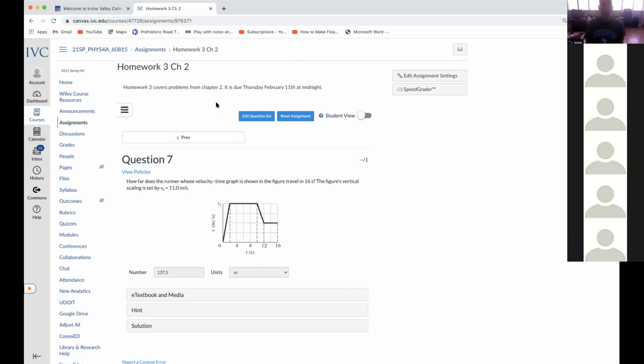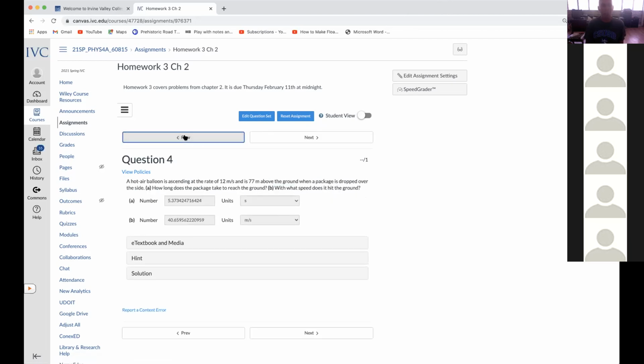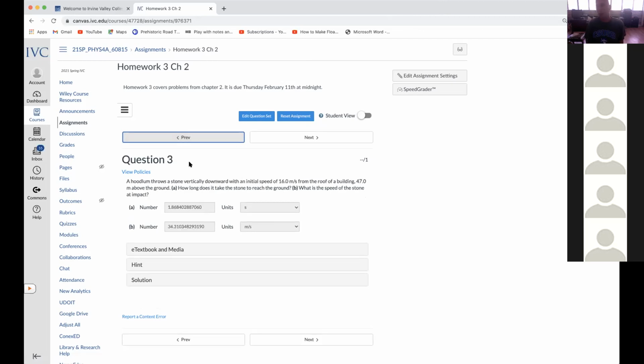And that's it. You don't have to turn this stuff in to me, but I really suggest when you're doing these problems, particularly the hot air balloon and the hoodlum throwing, that you practice by drawing a picture and writing Y initial, Y final, V initial, V final, A and T, and just getting used to doing that.